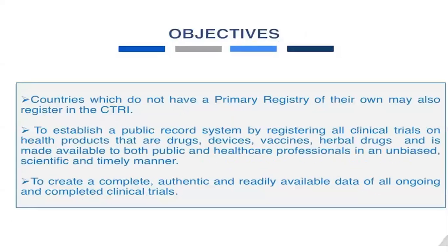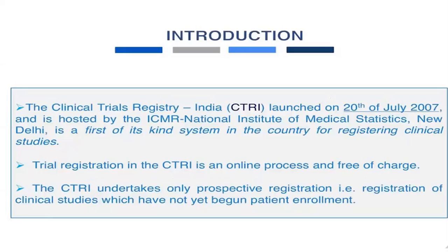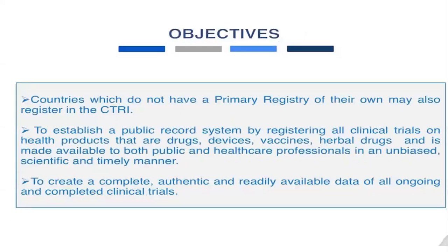That is what is called prospective registration. It means registration of clinical trials which have not yet begun patient enrollment. So before enrollment of a single patient, the registration is said to be prospective registration.